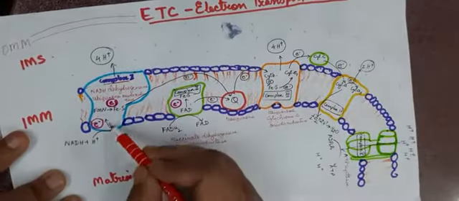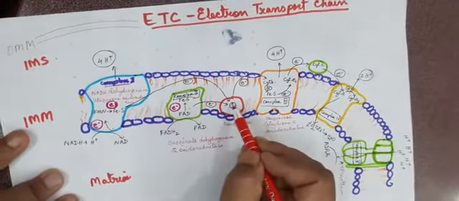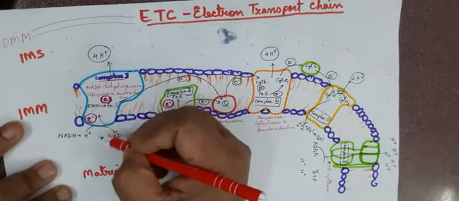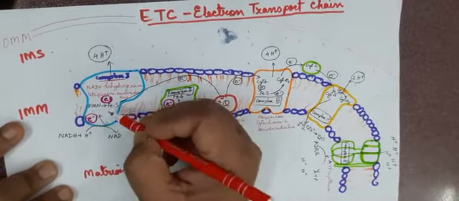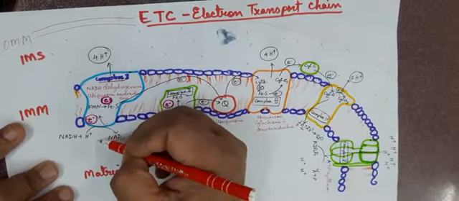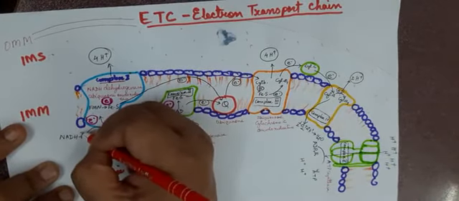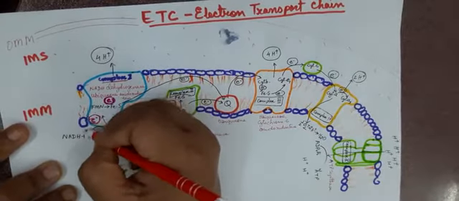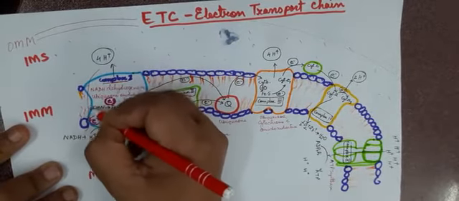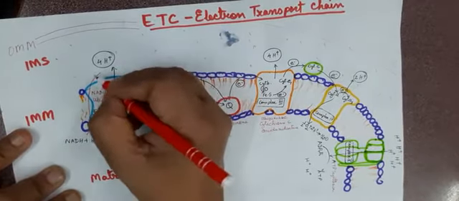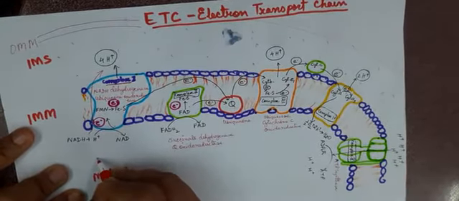So while it is accepting the electrons, the energy of electrons is causing the hydrogen ions to move to the inner mitochondrial space from the matrix.